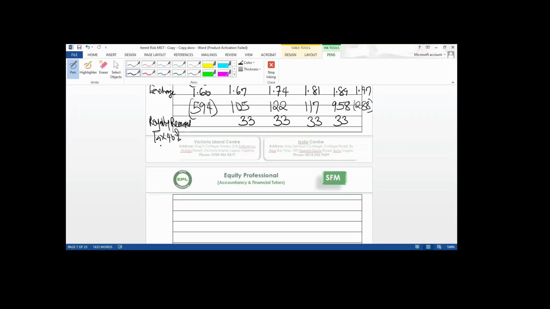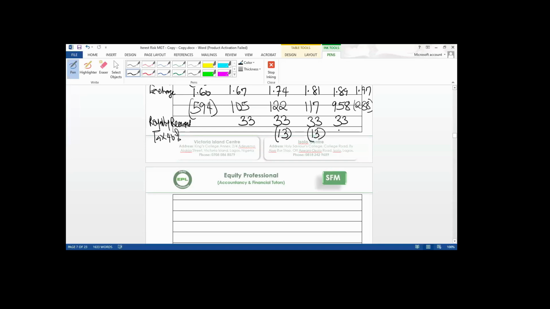That's 13 million. And tax is paid in arrears. So the tax for year 1 will be paid here. The tax for year 2 to be paid here.